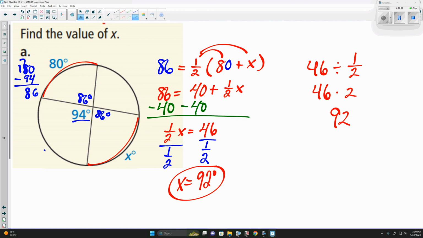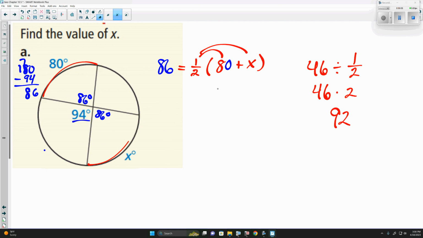So, guys, let's look back at this one more time. Now, one thing I want, so we started here. We were good with setting this up, yes? Is 80 and x both divisible by 2? 80, yes.